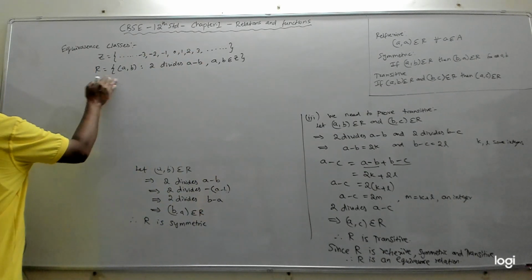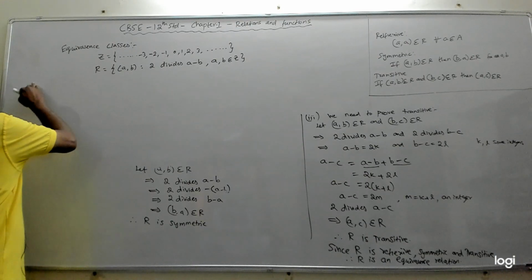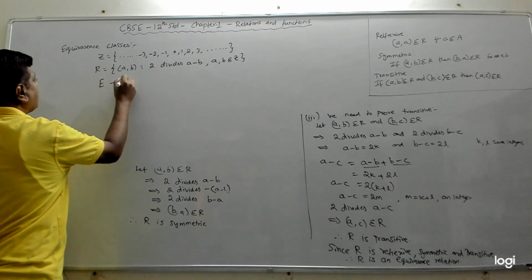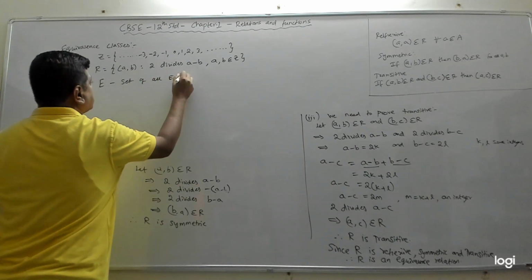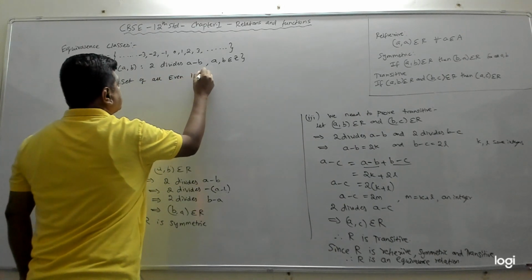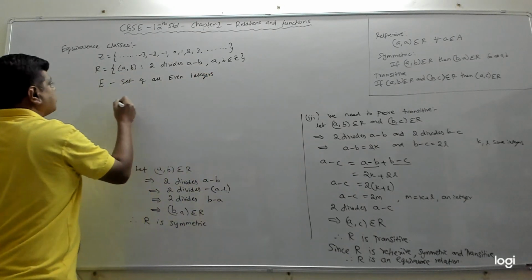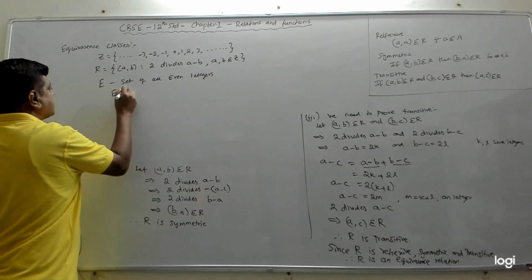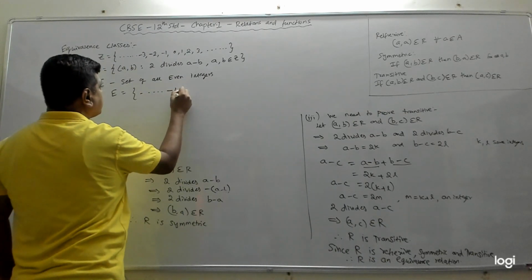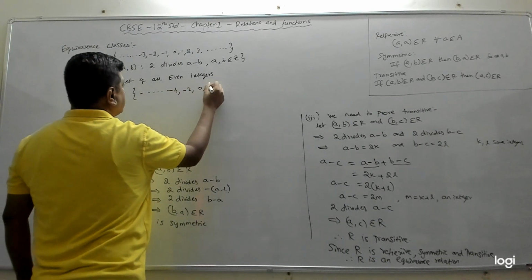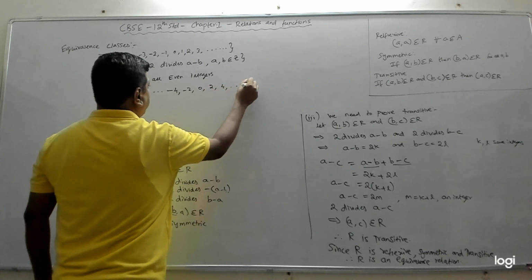Suppose E is the set of all even integers. Then your set E is like this: dot dot, minus 4, minus 2, 0, 2, 4, dot dot.